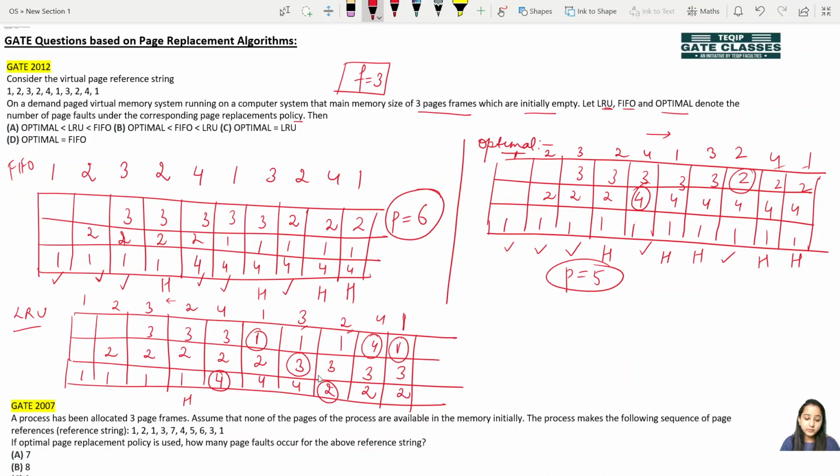So how many page faults occurred here? 1, 2, 3, 4, 5, 6, 7, 8, 9. I think there are 9 page faults. They have asked you to arrange the policies by number of page faults.